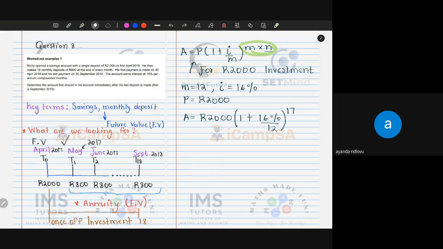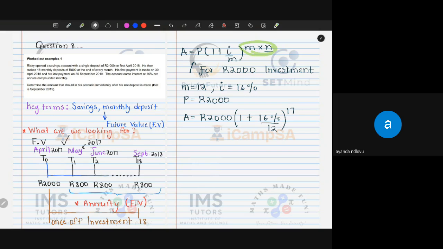Are you still there? Yes, sir. And if they say 3 years and they are saying compounded monthly, what do we need on the exponent? 36. Does it make sense? I said 3 years compounded monthly. We need 36 in the space of M times N. Do you understand? Yes, sir.